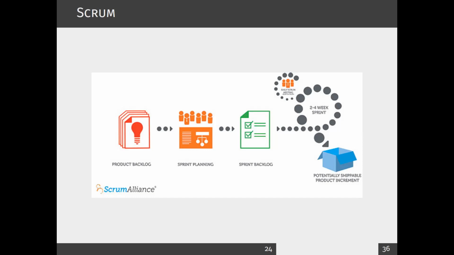Usually there are 5 time-based activities, starting with the sprint planning stage. The sprint planning stage is normally an 8-hour session where teams get together and talk about how to deliver and what to deliver from the product backlog.